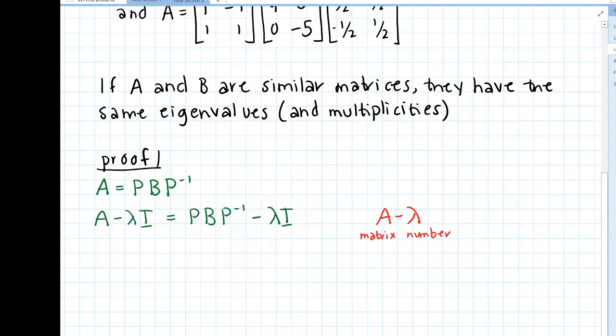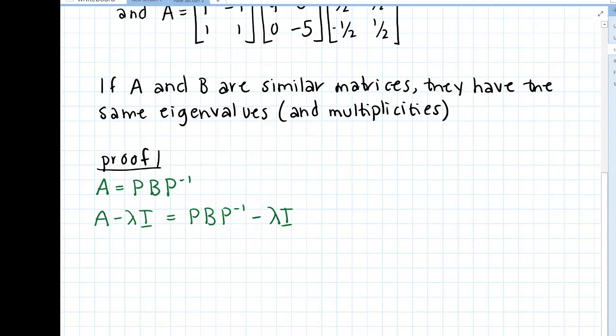This will come up a little bit later in this proof, but if you want to capture this idea of subtracting a number from a matrix, you have to do A minus lambda I. We're familiar with that because that's what we've been doing to find the eigenvalues, but I just wanted to quickly mention that. I'll just erase it. Okay.